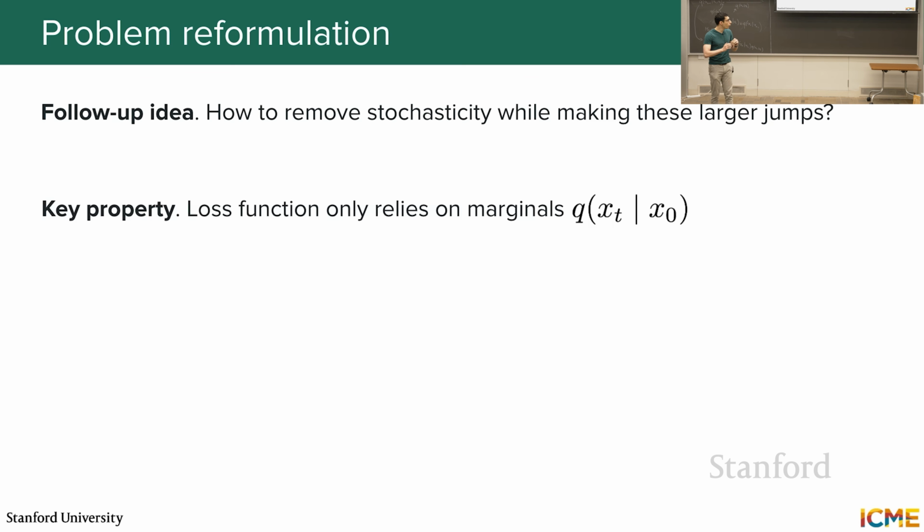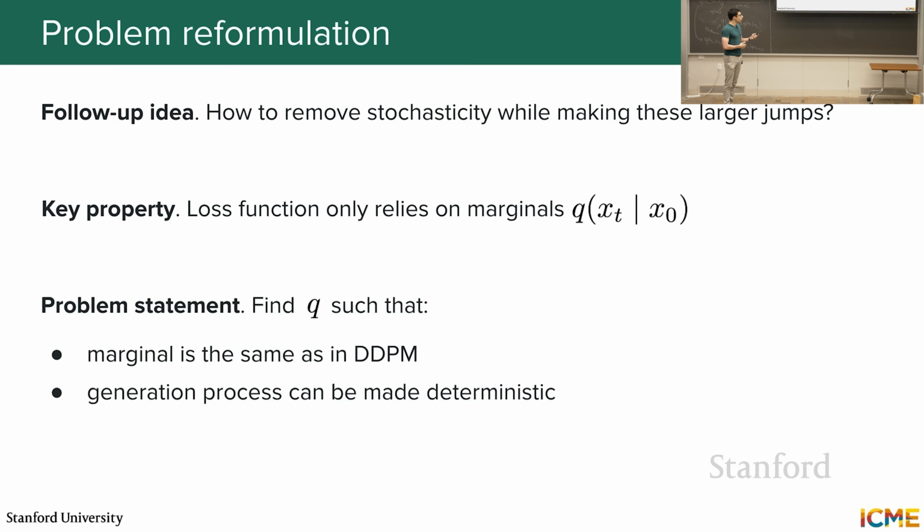So this is one observation. So the problem statement comes back to finding such a Q that reproduces these marginal probabilities, so with the same Q of xt given x0.